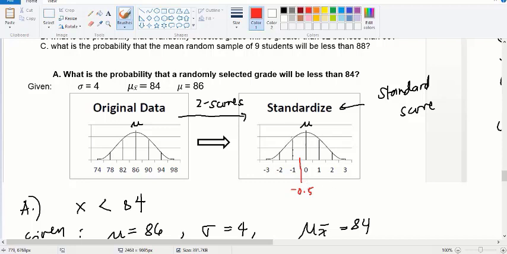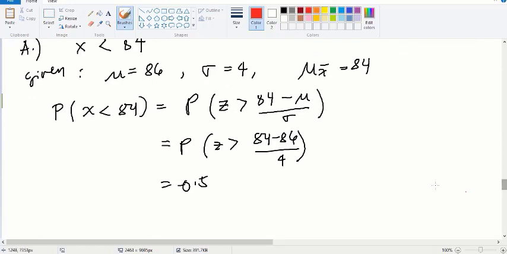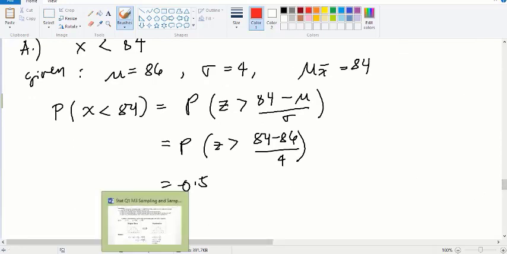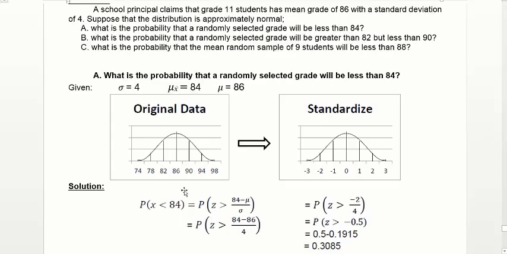Now, what we want to know is less than 84, meaning the area here. That's what we want to find. Now that we have the z-score, negative 0.5, we look for its corresponding area in the z-table. Let me open my z-table.